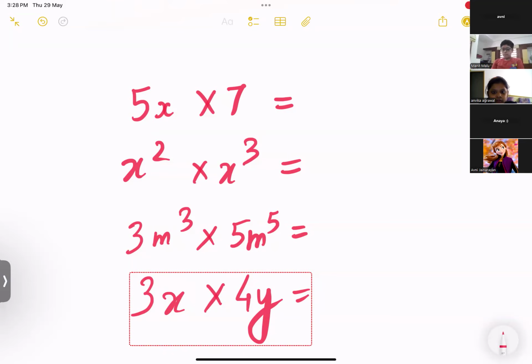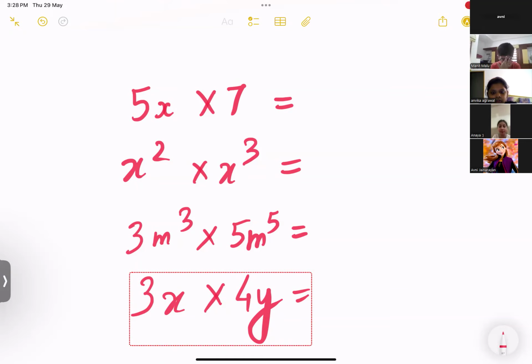I'm from Ludhiana. Okay. And which grade are you in? Sixth. When did you last join my class? Did you join it day before yesterday or is today your first class? Ma'am, today is my first class. Okay, Anaya. All right.